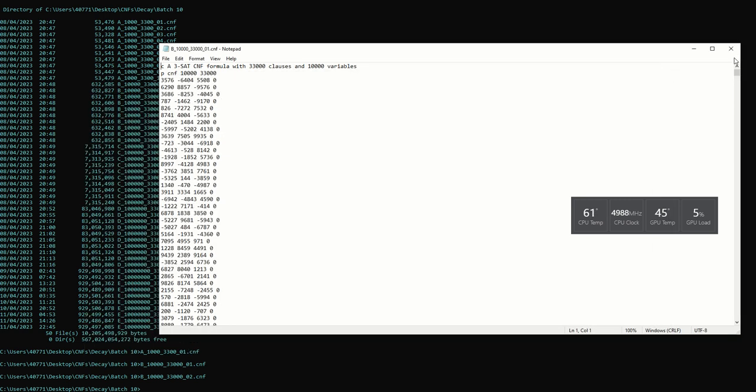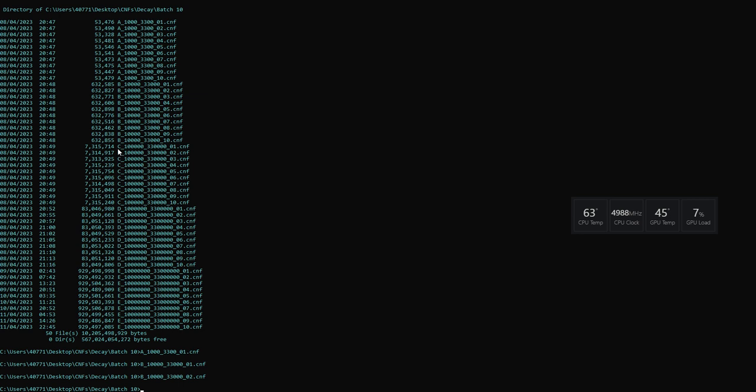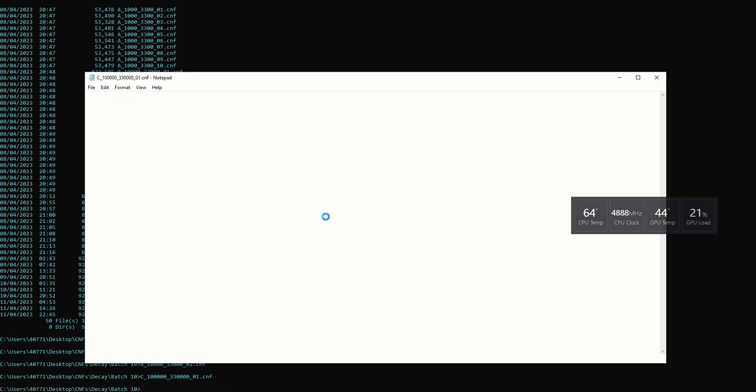The next batch, batch C, comes with 100,000 variables and 330,000 clauses. Another similarity you see here is that the ratio between clauses and variables is always the same. However, the search space grows exponentially from batch to batch. And that's a lot. Let's see one of the C files.